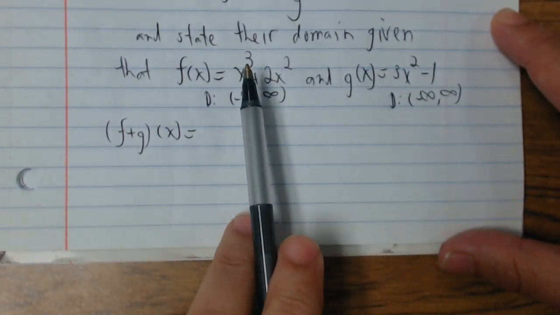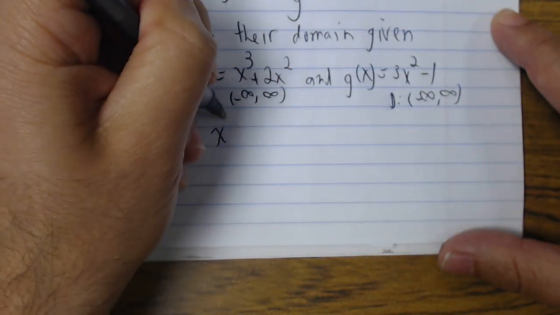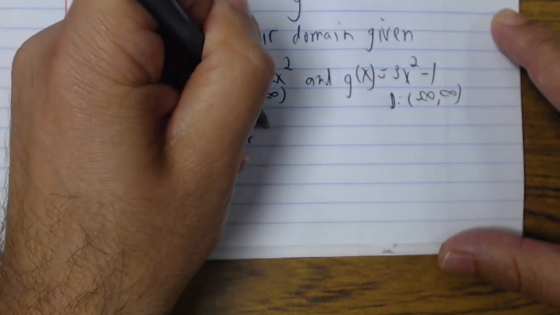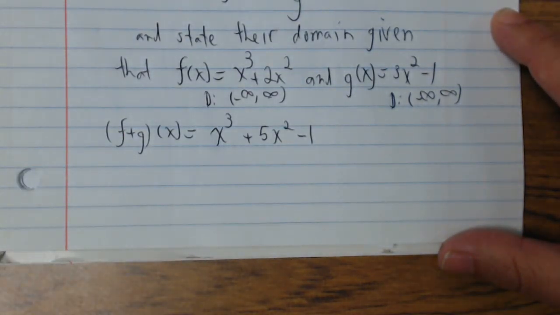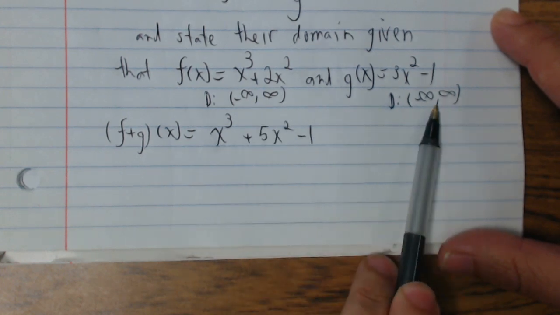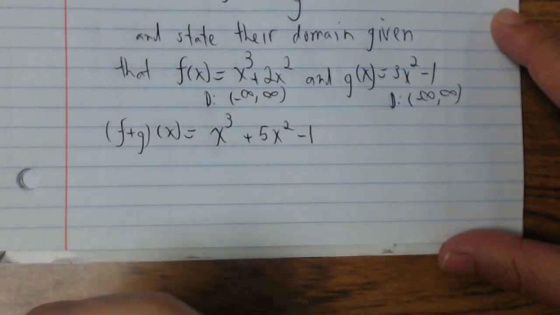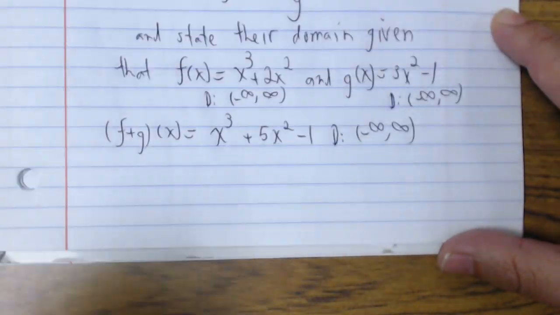So x cubed plus 2x squared plus 3x squared minus 1 becomes x cubed plus 5x squared minus 1. And of course, the domain of this new function is what f and g have in common, which is all real numbers.